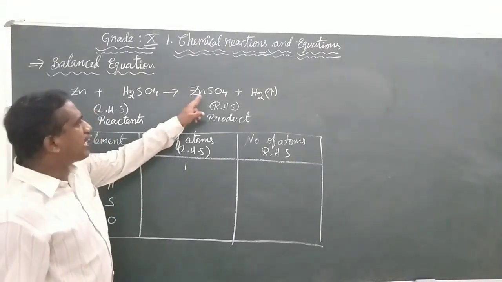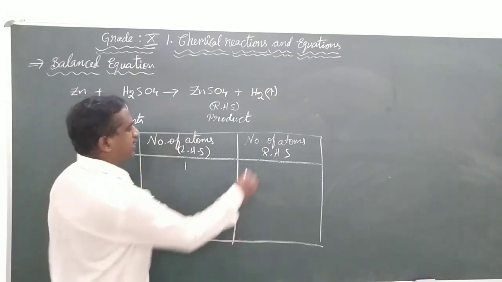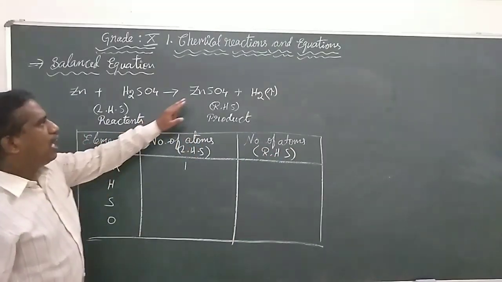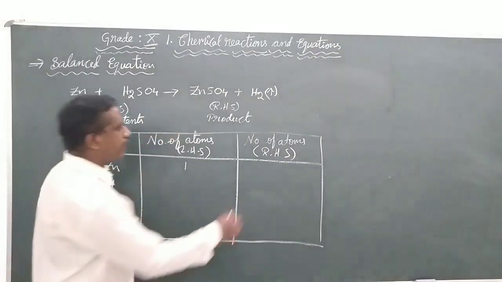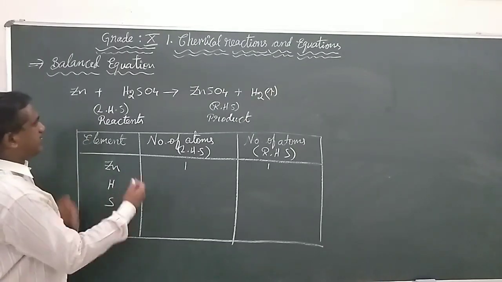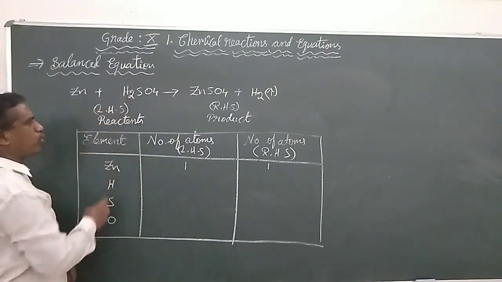And on the RHS, the product side, the number of atoms of zinc is also one. The next element is hydrogen.